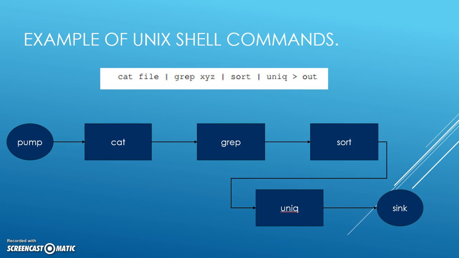The sort filter sorts the lines and passes them to the uniq filter. So the output of the sort filter is an input for the uniq filter. The uniq filter removes the duplicate lines and passes the output on. This is how a simple Unix shell command works: a simple task is divided into small subtasks and the output is produced.